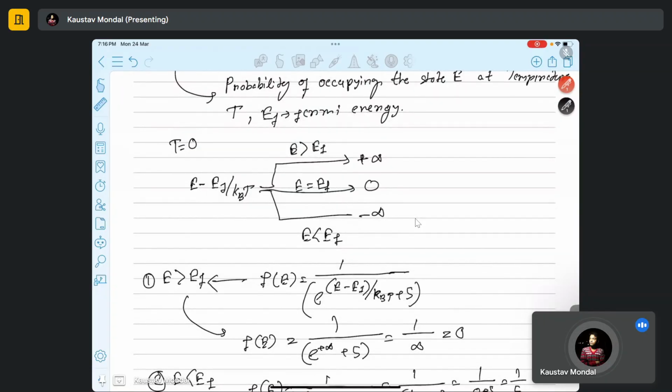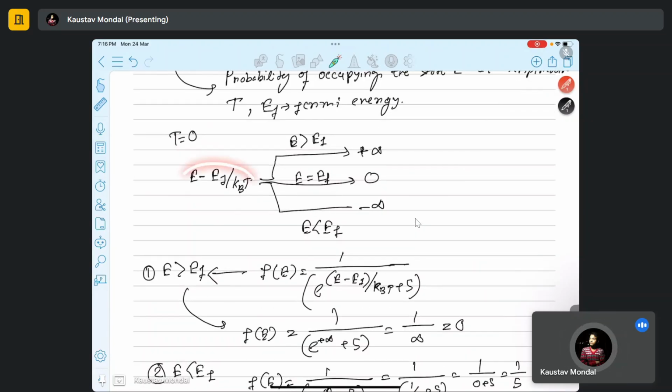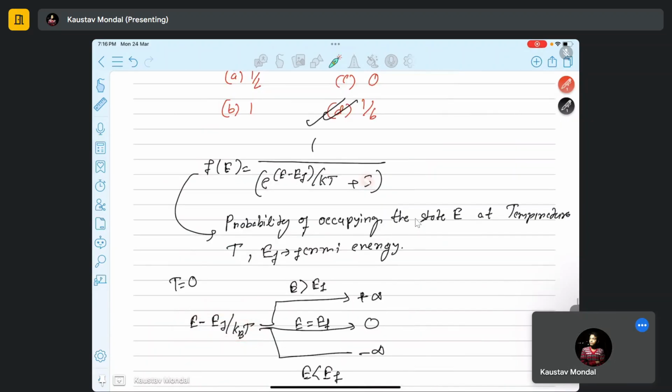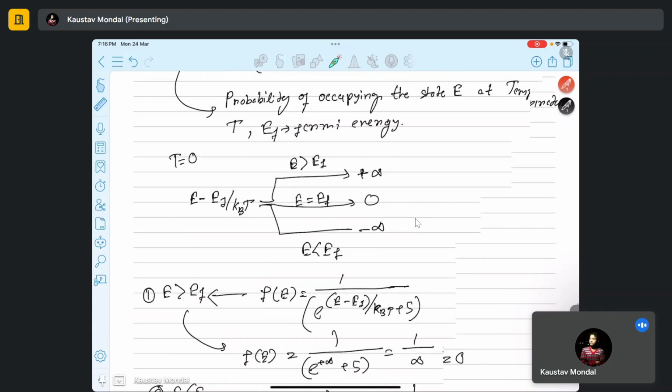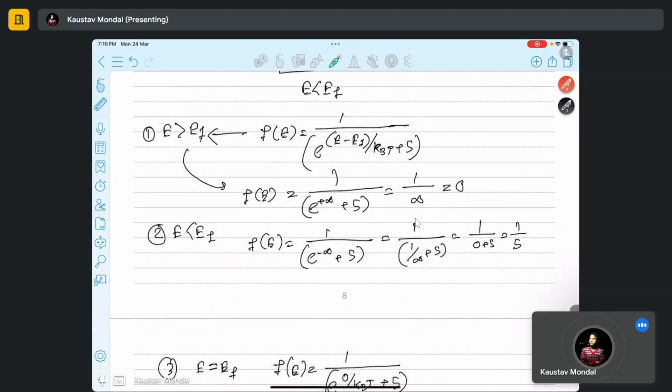For E greater than EF, it gives you plus infinity. For E equal to EF, 0 by kBT gives you 0, and if E is less than EF, this gives you minus infinite. Now for the three cases, you substitute this factor into the probability distribution function. For E greater than EF, it gives you 1 by e to the power infinite plus 5. Infinite plus 5 gives you infinite itself, so 1 by infinite gives you 0.